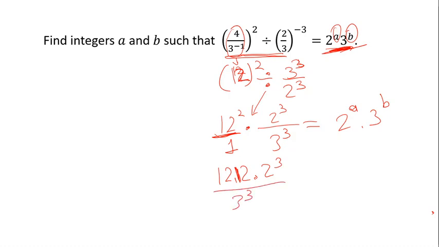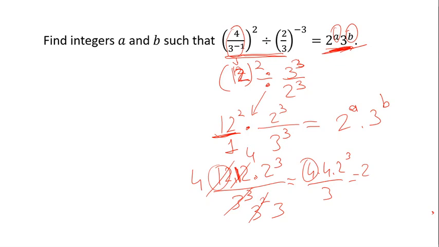Now, you can divide by 3, so it will be 3 squared and it will be 4. And you divide by 3 here, so you will get 3, and here you will get 3. So this will be 4 times 2 cubed over 3. And you can write them as 2 squared and 2 cubed divided by 3, and okay, you can add them: 2 to the 7th power over 3.